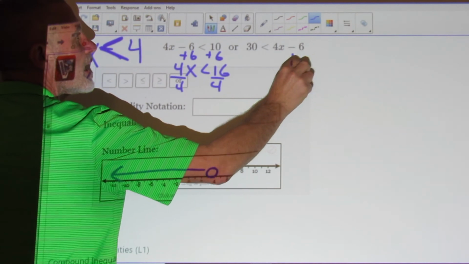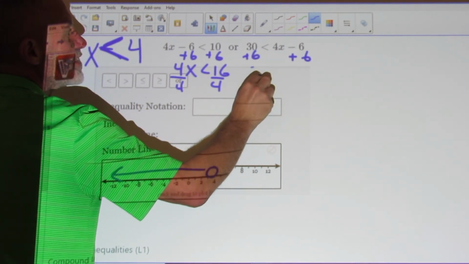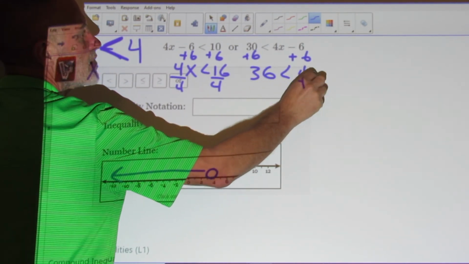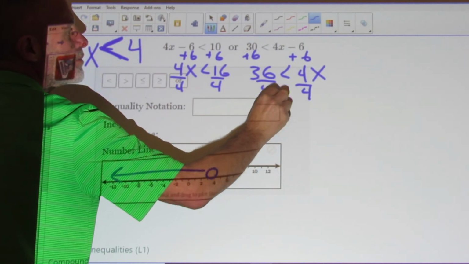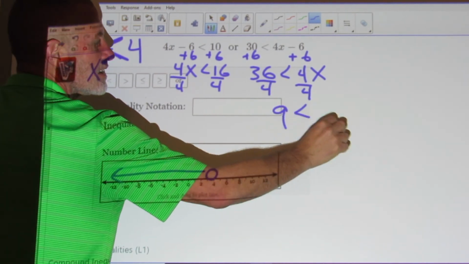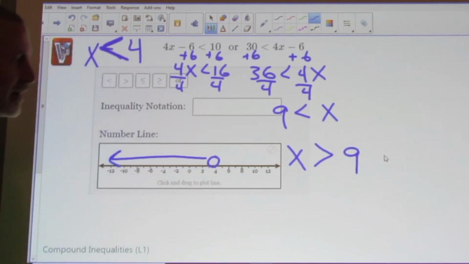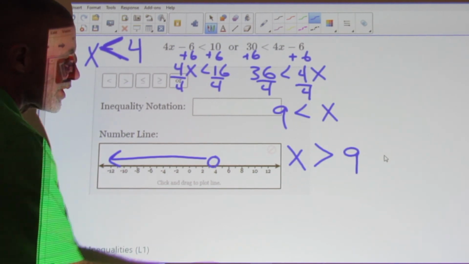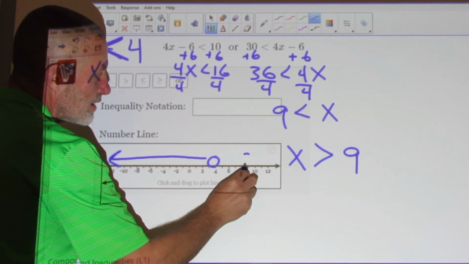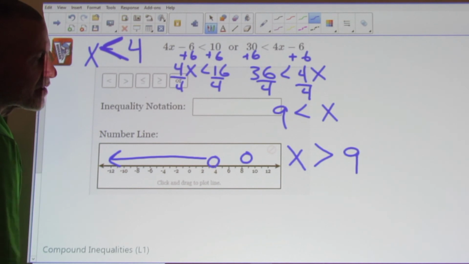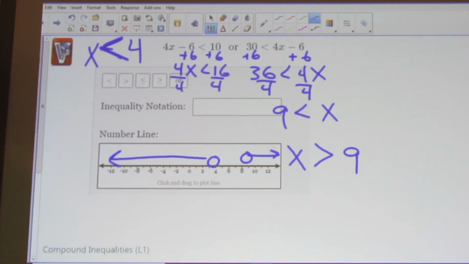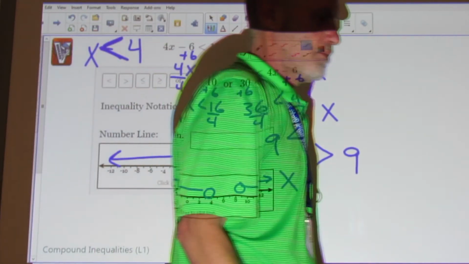Other side, I'd add 6, I'd get 36 is less than 4x. Divide by 4, 9 is less than x, which also tells me x is greater than 9. I like to see it that way better, but it doesn't matter. Either way, you should be able to tell. Go to 9, don't fill it in because it's not equal to it. Drag your arrow that way, and you'll be done with that.